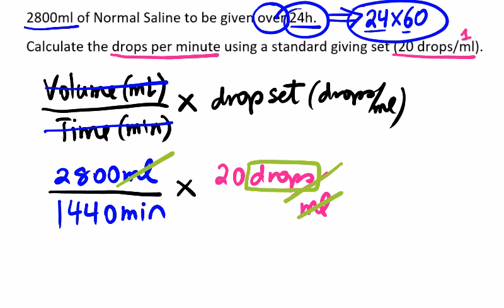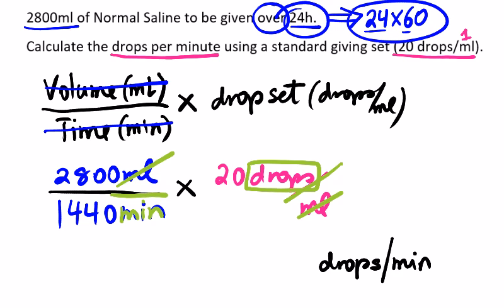Drops per, well, and look at where the minutes is sitting on the bottom, minute. So our final answer will be drops per minute. We can write with the slash, or we can write as a word.